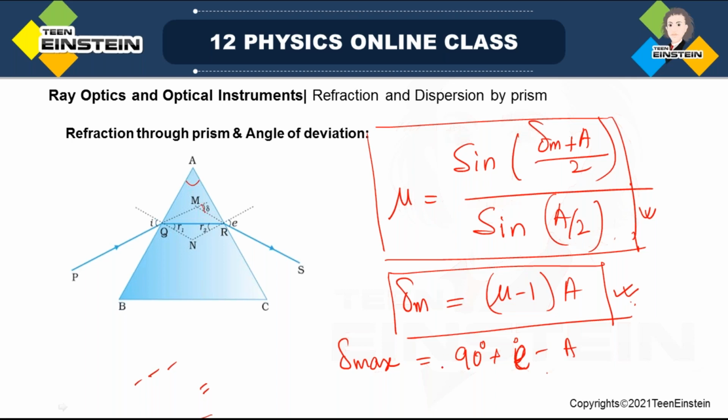So when your angle of incidence is 90 degree, then your angle of deviation will be maximum. So deviation produced by a prism will be maximum when the angle of incidence is 90 degree. You can remember this for your competition exam.